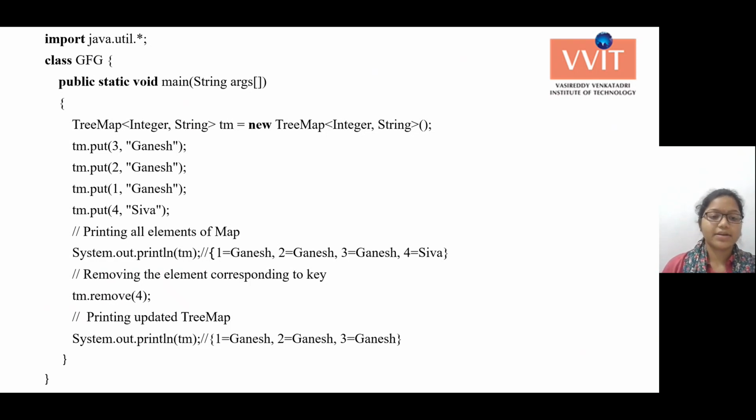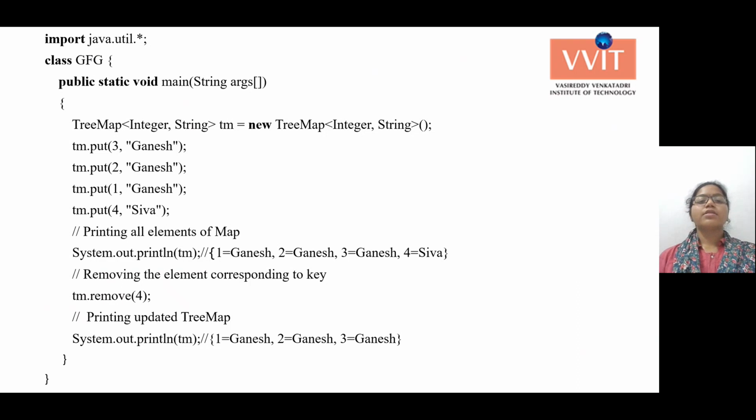I am just printing this map. So I get what I have discussed before. It will be sorted according to their keys, right? So from lowest in ascending order. The first lowest integer is 1, and then 2, then 3, and then 4, and its values are associated with that key.